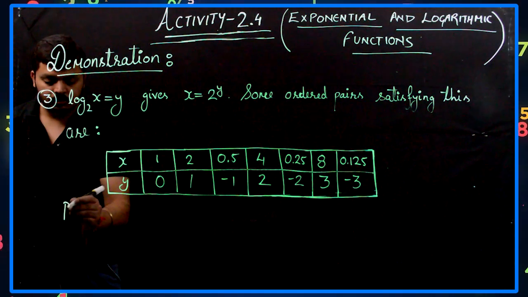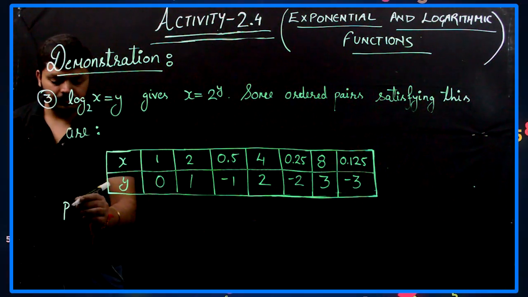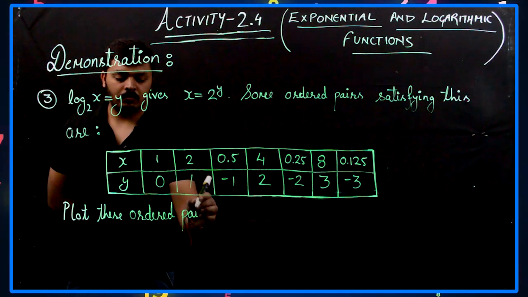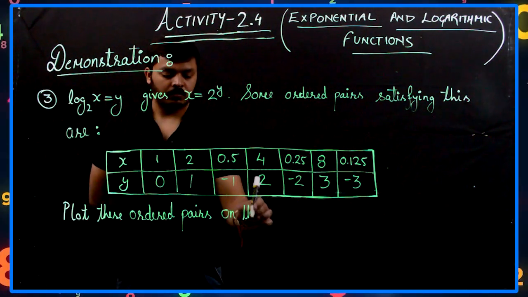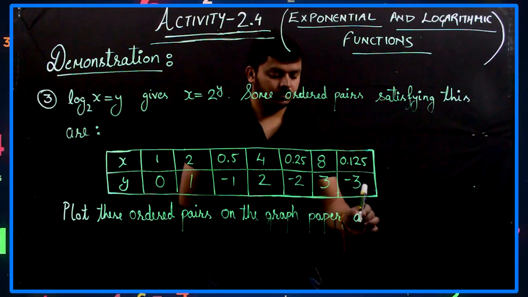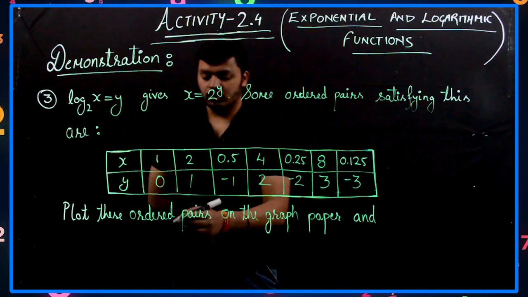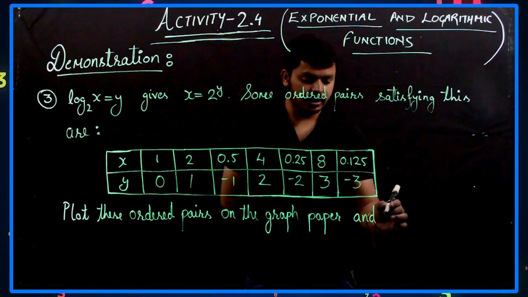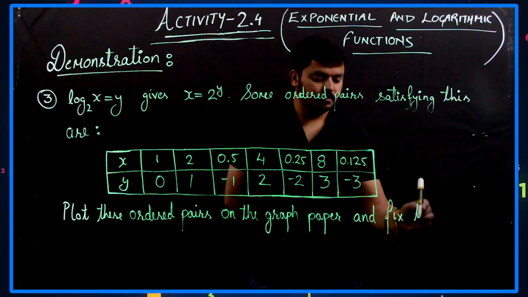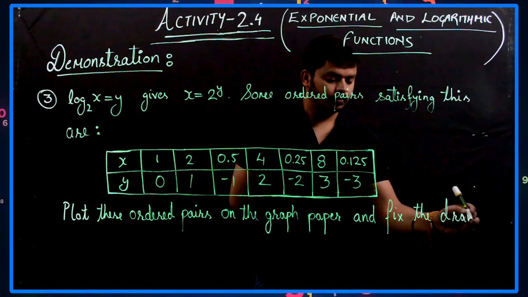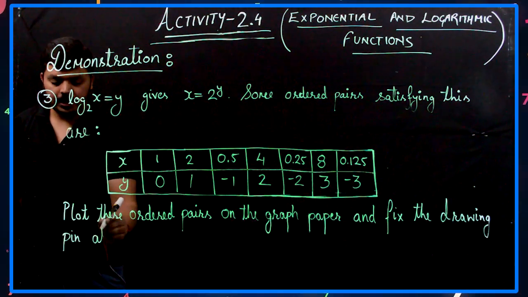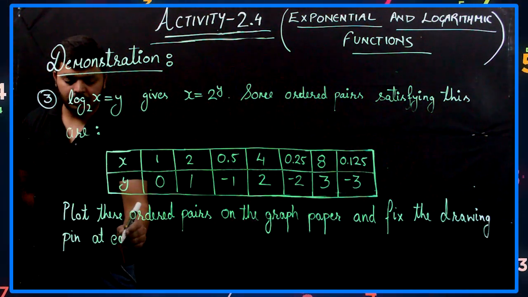Now plot these ordered pairs on the graph paper and fix the drawing pin at each plotted point.